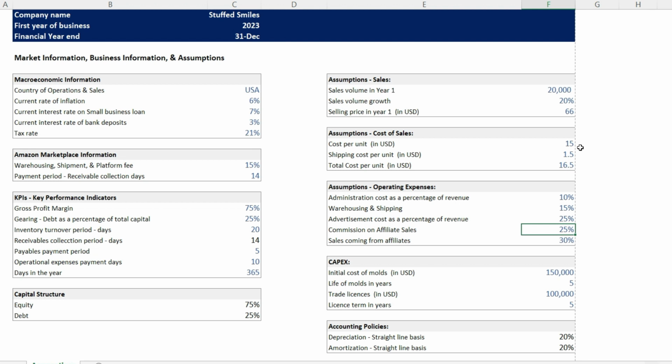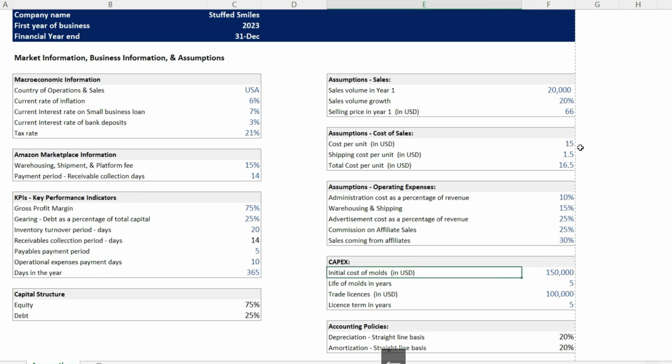So if you buy something from my Amazon store, but you click the link of my store from their website, I will be paying them a commission for that. So the commission on affiliate sales here is 25% as a percentage of revenue, of course, and the sales coming from affiliates, out of my total sales, 30% will be coming from the affiliate. So when I am calculating the affiliate commission, I will be using both of these lines together.